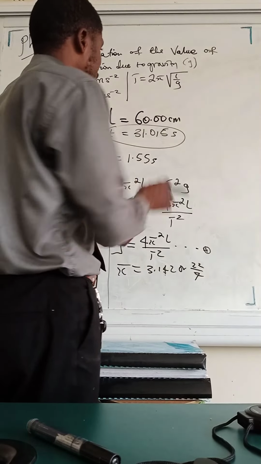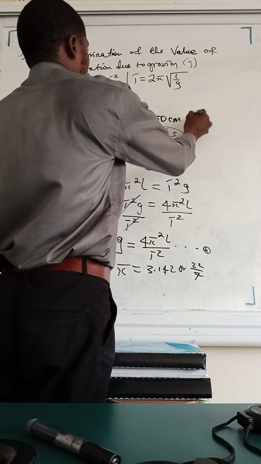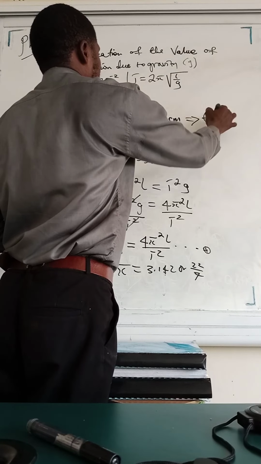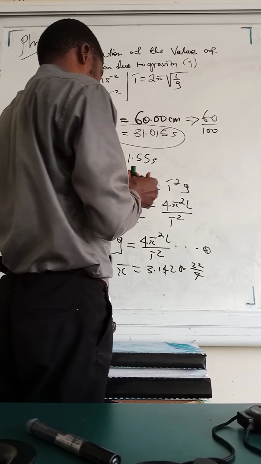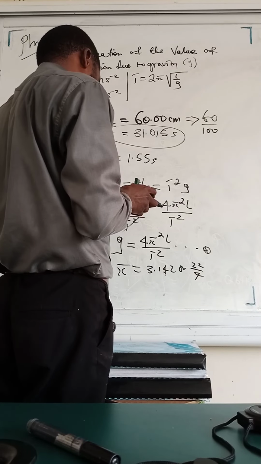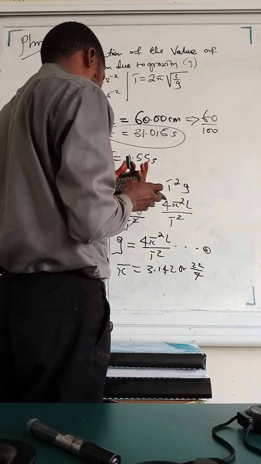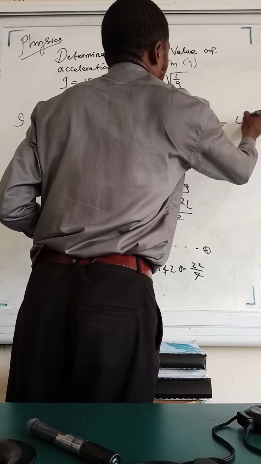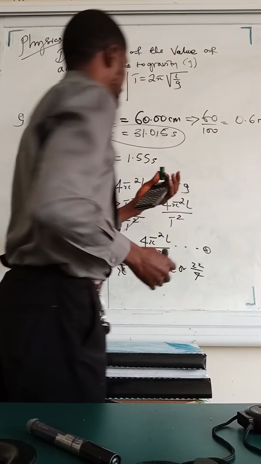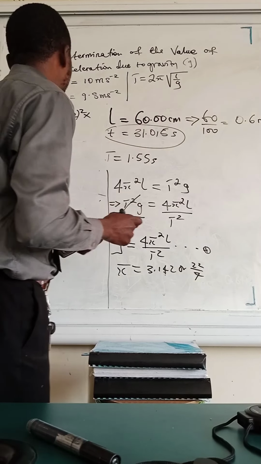We are going to convert cm to meters. So you have 60 divided by 100. That will give you 0.6 meters. That is the value we are going to use.